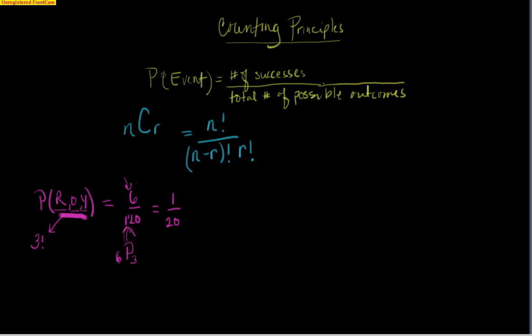Okay, but then what happens? When we reduce that down, we end up with actually 1 over 20. So what is the difference between this and this? It has to do with those arrangements. The arrangements are here in the numerator, and then they're over here in the denominator.